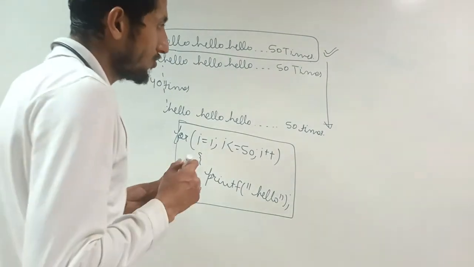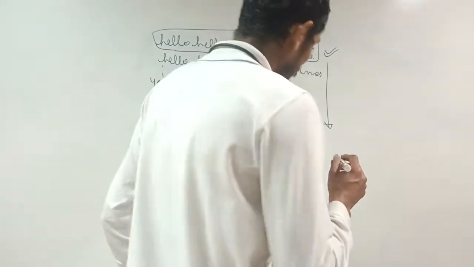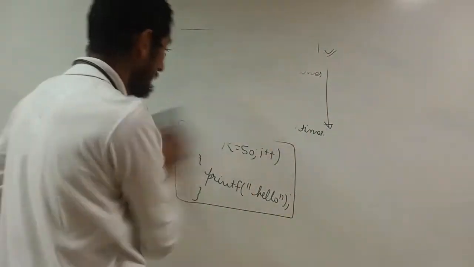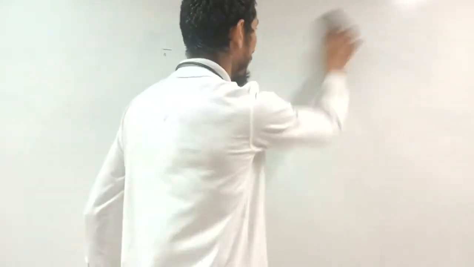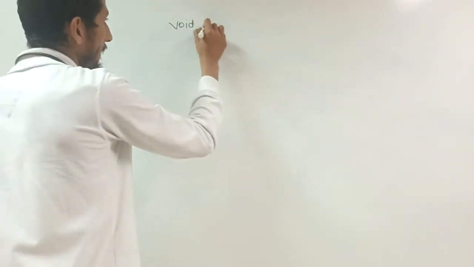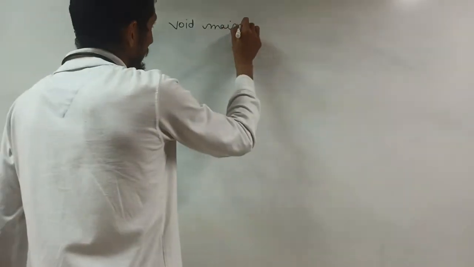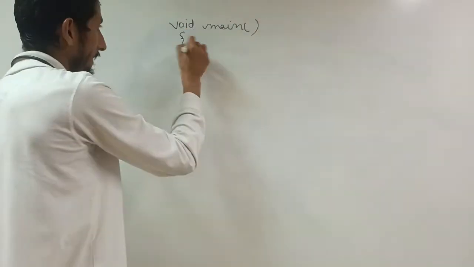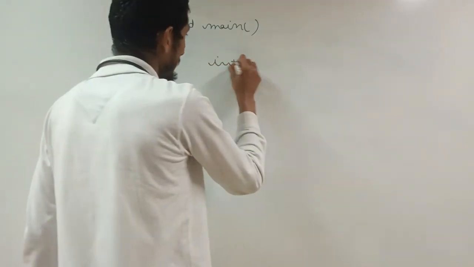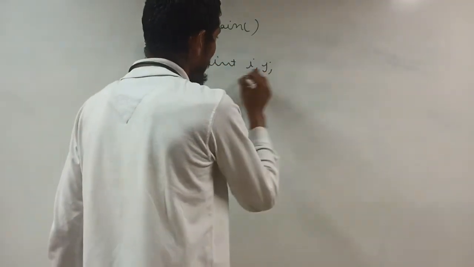Let me explain what the purpose is. Let me rub this one. Let me start with void main. Let me take two variables, int i, comma j.